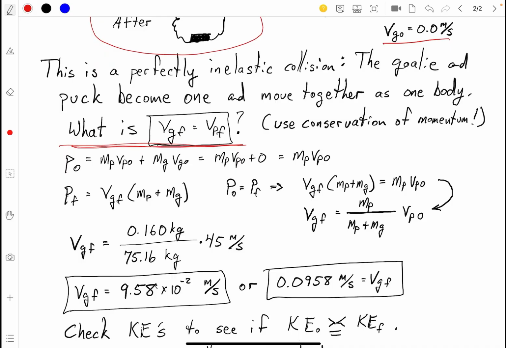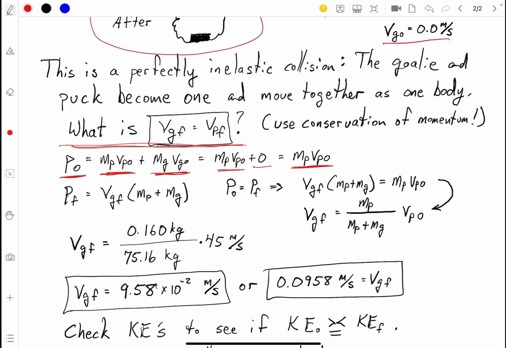Okay, so initially, what is our initial momentum? Okay, so let's figure that out. So we've got the mass of the puck times its slap shot speed. We've got the mass of the goalie times the goalie's initial speed, which is 0. So that's going to be 0. So we keep this. We have added 0, and that means that we really only have this.